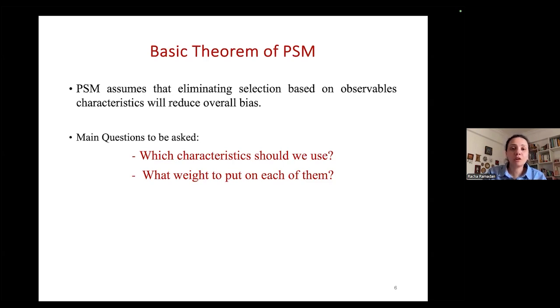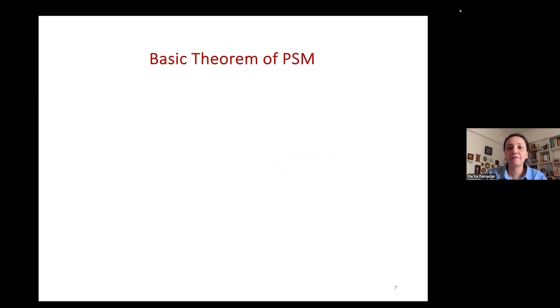Should I include education and not employment status? Should I include age or not include age? If I include both, which one I will give more weight, or should I give equal weight? And the main idea is that these characteristics should affect the outcome variable and also affect the intervention in the program, or being beneficiary of the program. So these two questions are important to be asked and can affect your results.